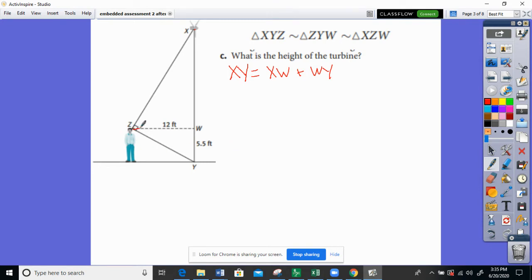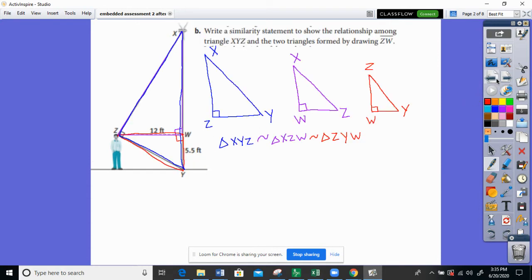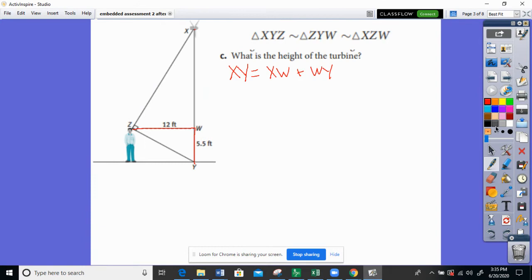Well, we've got two sides that we know in this bottom triangle. And for the triangle that we highlighted in purple earlier, we've got the length of the base that we know. We need to know the length of the height. So to make it look like we saw it on the last page, let's redraw the smallest triangle on the bottom so that it's facing the same way as the purple triangle.